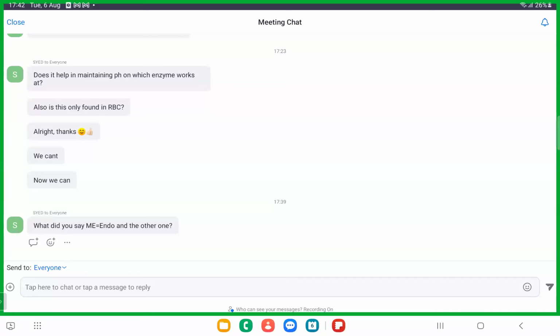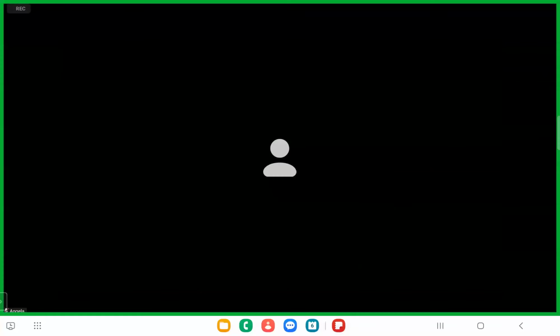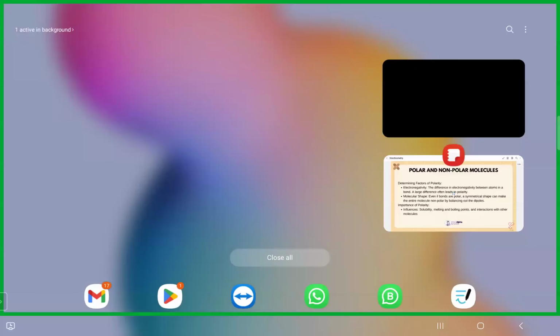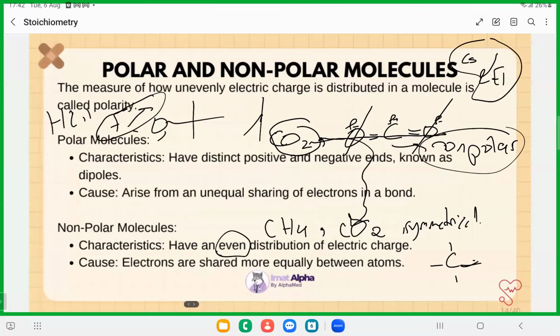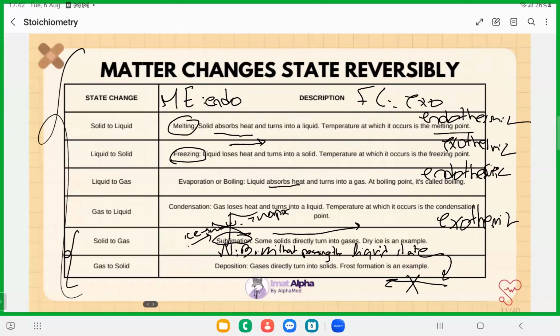What did you say? And the other one, I guess, was freezing and condensation. One second, let me make sure. Yeah, freezing and condensation are exothermic.